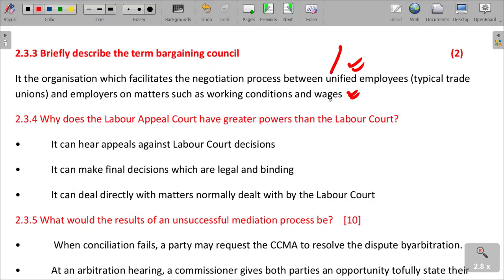So wages and working conditions are discussed through the bargaining council, which actually facilitates the negotiation process. Therefore, it actually seeks to establish fairness in terms of employee working conditions.